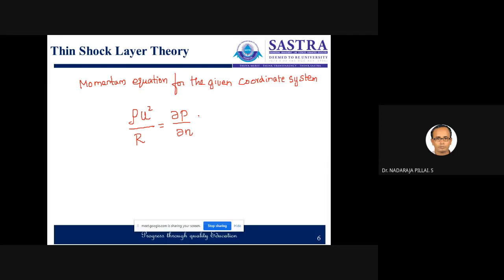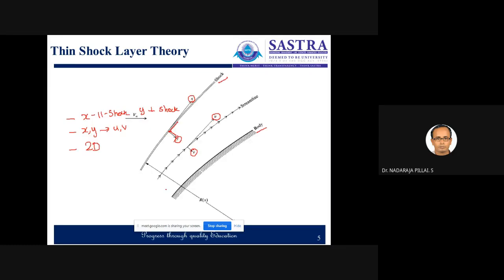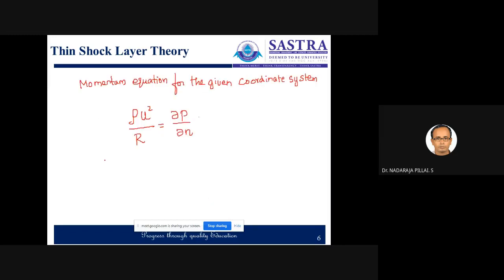Since our assumption includes a thin shock layer and the equation is the same for the shock, streamline and the body, let us consider r. You know that r is the local radius of curvature.